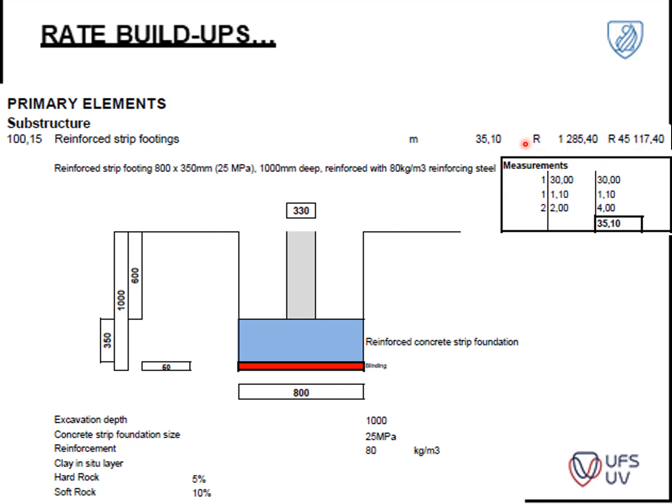But it's not that simple, because if you use the rates that you build up, you have a lot of items: your excavations, your concrete, your blinding, your rip and compact, your brickwork, your backfill, etc., which are not usually given in a meter unit when you retrieve the information.